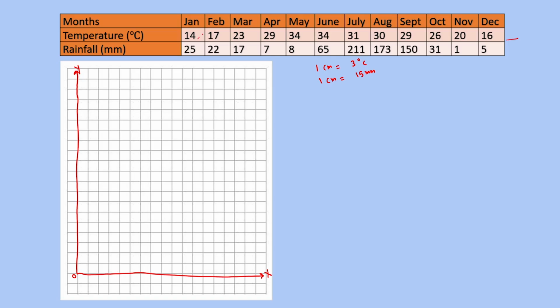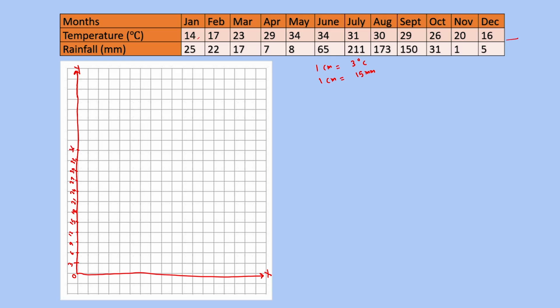Based on this data we will create our Hythergraph. First we will do the labeling: 3, 6, 9, 12, 15, 18, 21, 24, 27, 30, 33, 36.